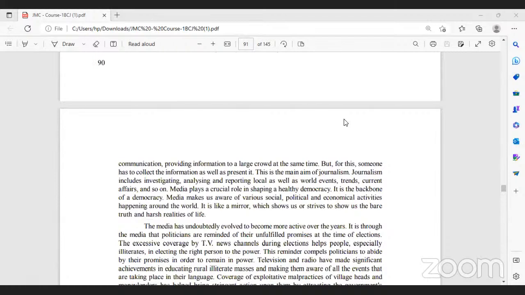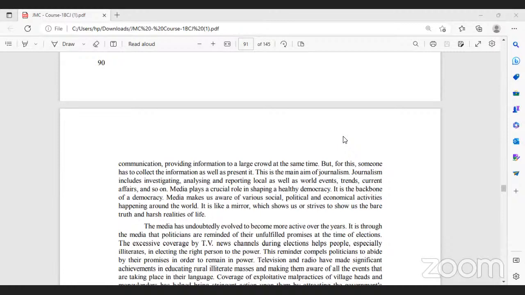Earlier it was mouth to mouth, but now technological advancement has helped us understand. The main aim of journalism is not only talking about information, but also investigating, analyzing, and reporting local as well as world events, talking about the trends, everything.